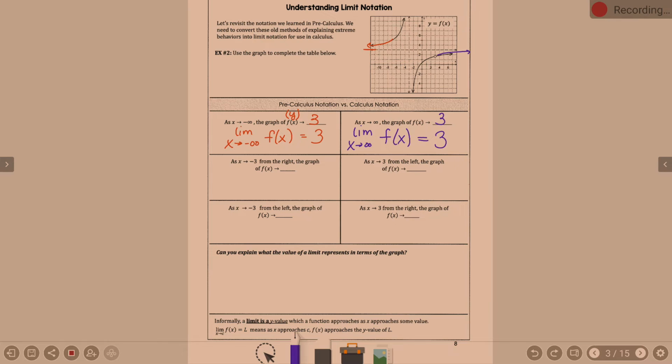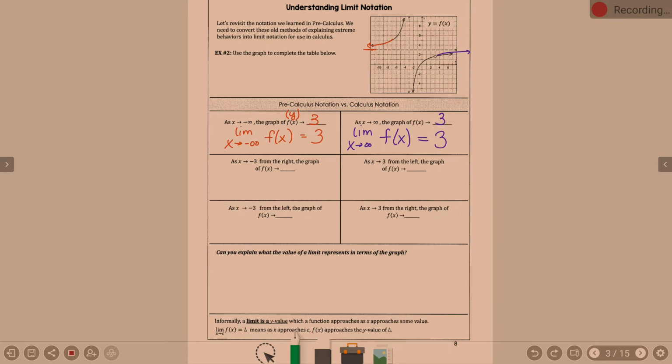Okay, look at the next one when you're ready. As x approaches negative 3 from the right, the graph of f of x approaches what? Negative infinity. So negative 3 is my asymptote, yes?